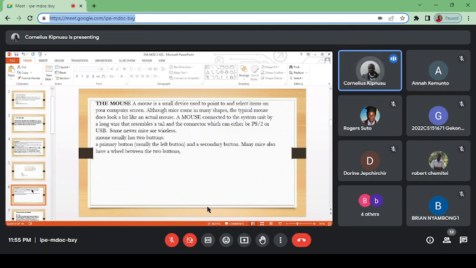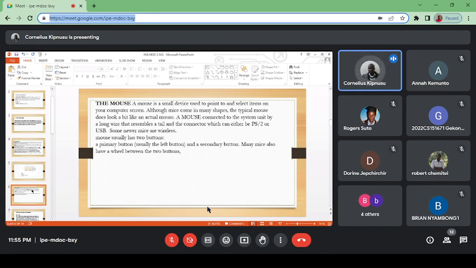I want us to talk about the mouse. The mouse is input device number 2. Remember, we are talking about input devices. A mouse is a small device used to point or select items on a computer screen.